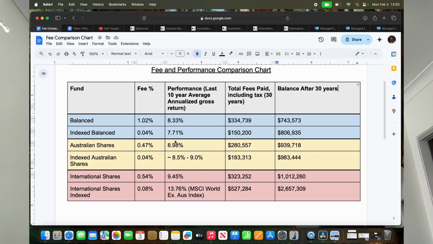So although this has a higher return, because you're paying more in fees, you actually end up with a smaller amount at the end. And again, smaller amount in fees and smaller amount in return. However, the difference is not very large, and therefore we do see a larger return over the 30-year time horizon.